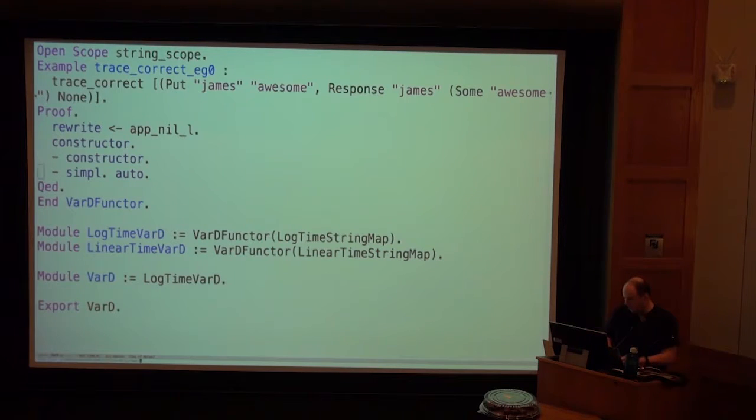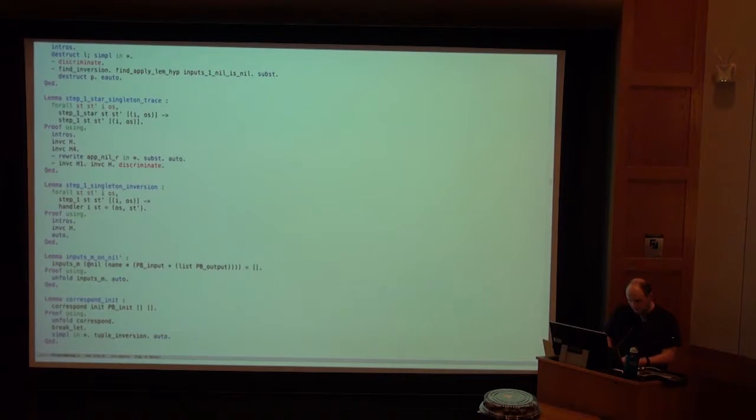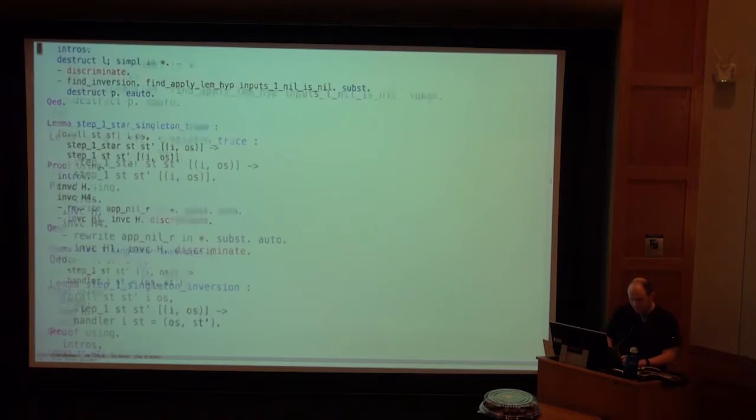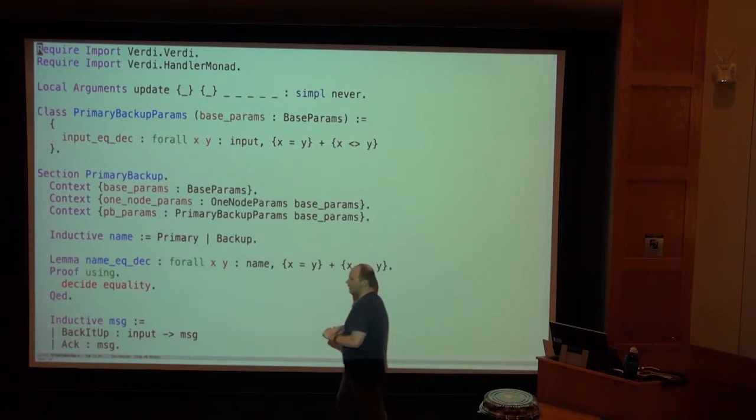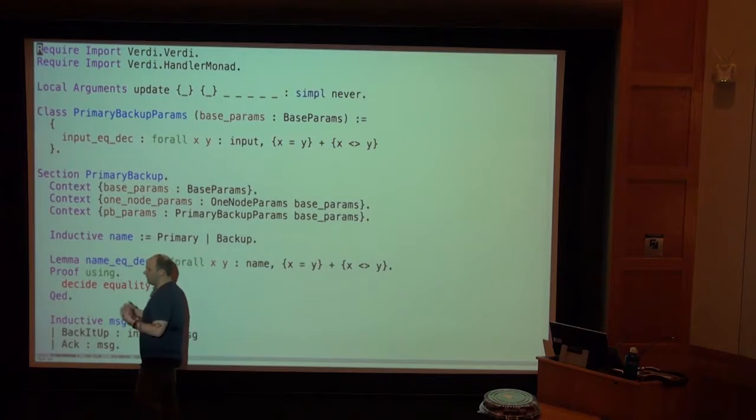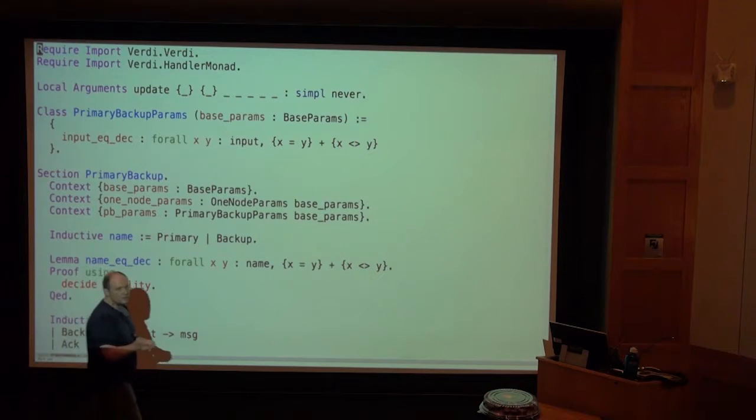What's interesting about it is that we can take that system and we can apply a system transformer, right? So now I can take my key value store, which is something that gets used a lot in front of databases and other things in the web, and I can get some redundancy for it, right?